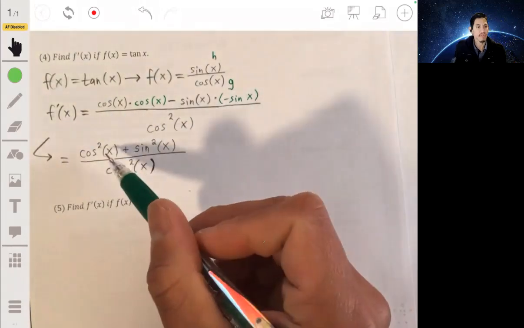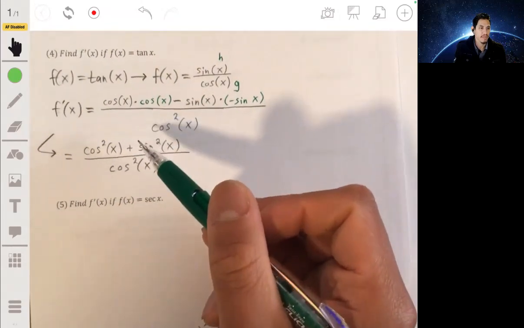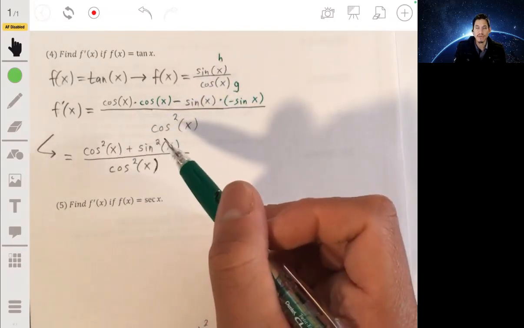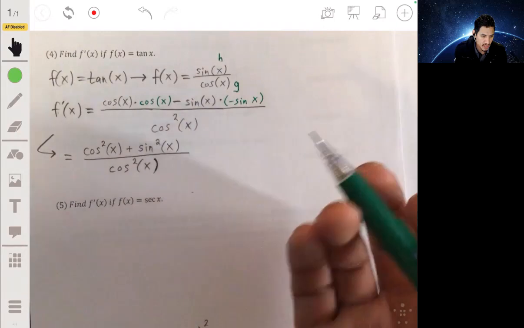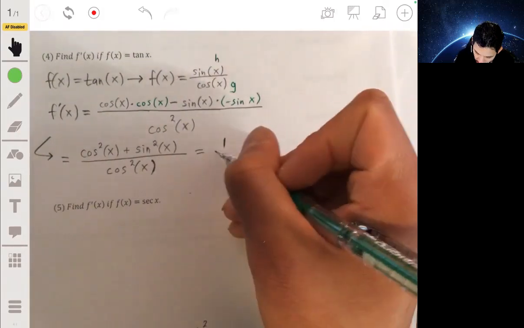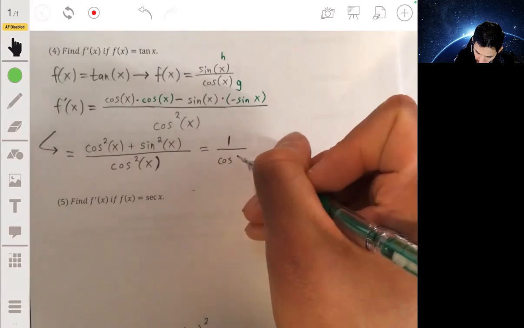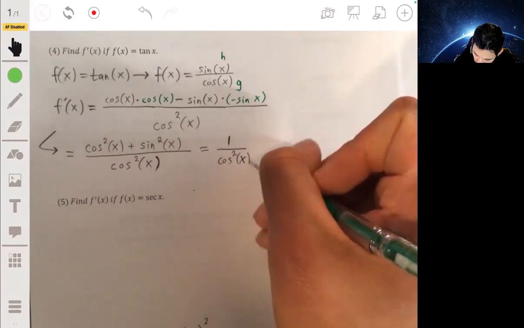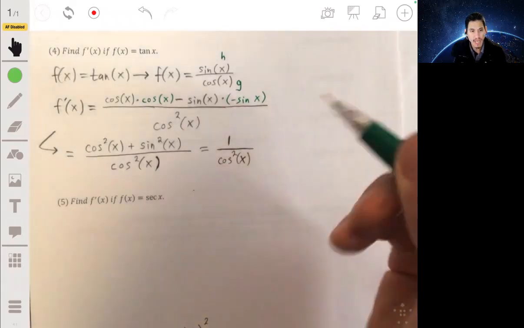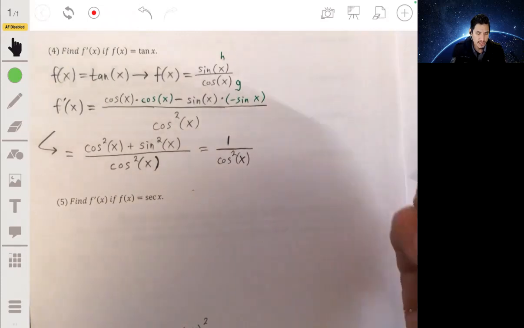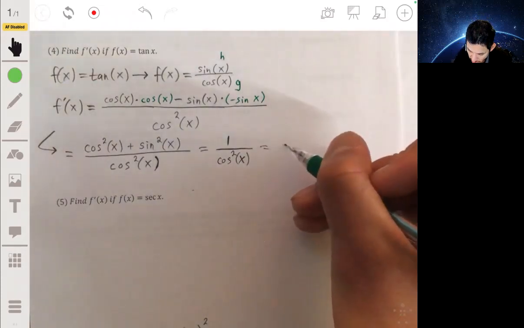Now, remember the basic property, the Pythagorean theorem, where we have the cosine squared of x plus the sine squared of x is equal to 1. So we just make the top 1, and we got just 1 over the cosine squared of x. And we can rewrite this as simply the secant squared of x function.